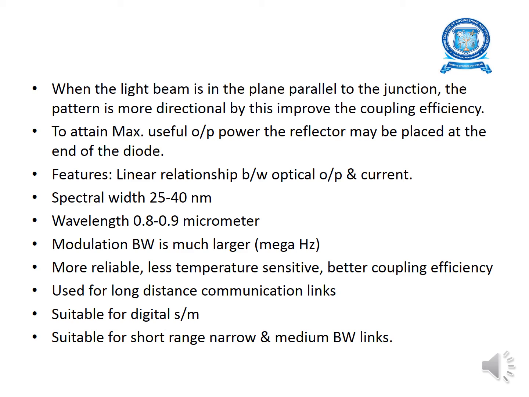To attain maximum useful output power, a reflector may be placed at the end of the diode. In the plane parallel to the junction, there is no guiding waveguide effect, so the emitted beam is Lambertian with cos theta and a half power width of 120 degrees. In the plane perpendicular to the junction, it is highly directional, with a half power beam width ranging from 25 to 35 degrees by a proper choice of waveguide thickness.